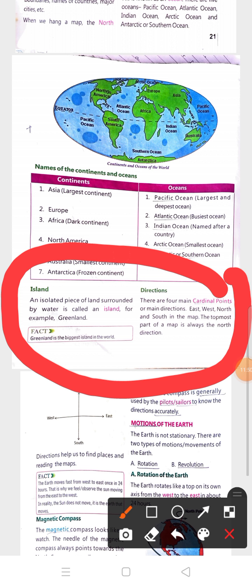Island. An isolated piece of land surrounded by water is called an island. For example, Greenland. Greenland is the biggest island in the world. Directions. There are 4 main cardinal points or main directions: east, west, north and south. In the map, the topmost part of a map is always the north direction.